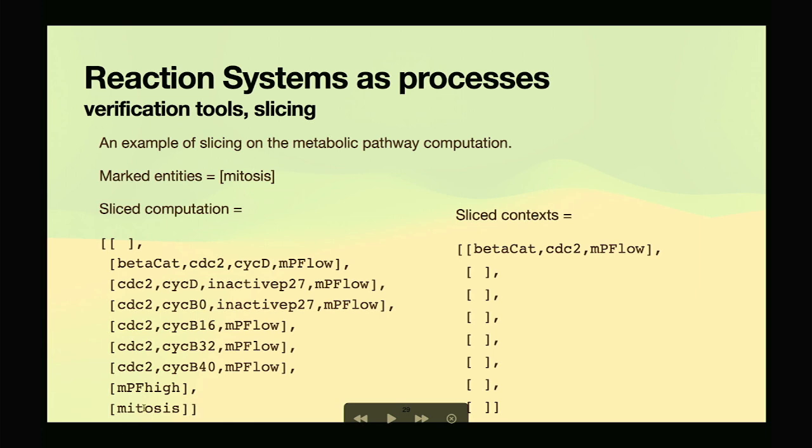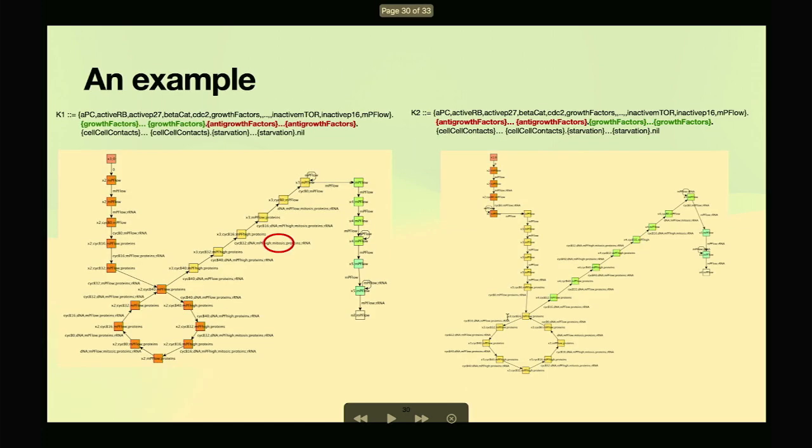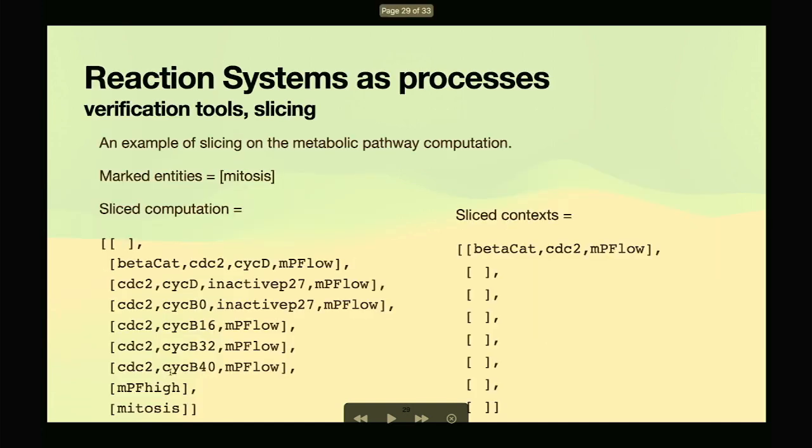And here is the sliced context. So the monitor stopped the computation as soon as the entity mitosis appeared in the system. And so this is the backward computation. So these are all the entities necessary to produce mitosis.